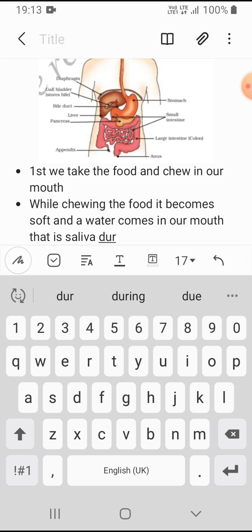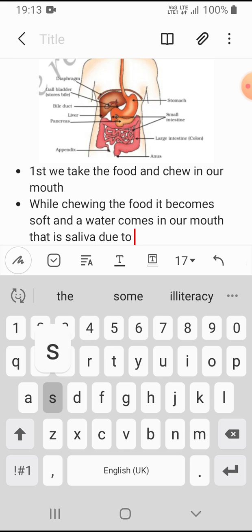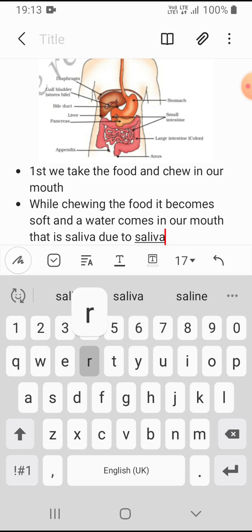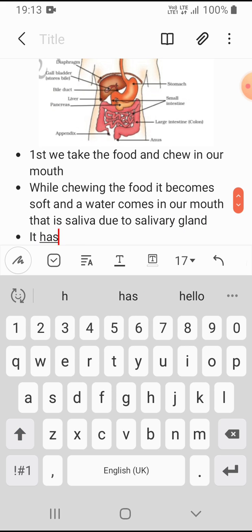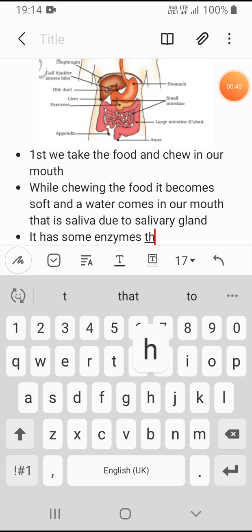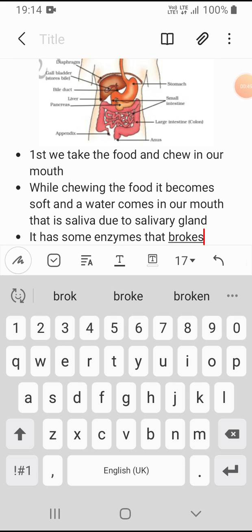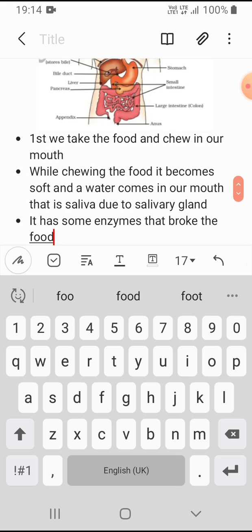Due to the salivary gland, it has some enzymes that break the food into small molecules.